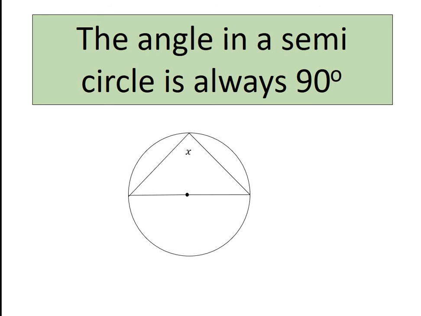So x will be 90 because the angle underneath is 180. So the angle at the centre is 180, so this will be half the size. But this is its own rule because the angle in a semicircle, so half a circle, when the lines are subtended, you get a 90-degree angle.